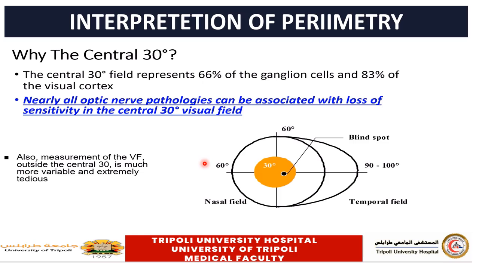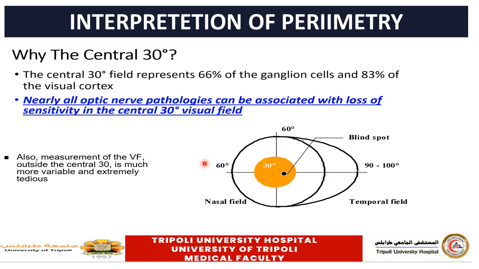Of course, if you want to measure the temporal area or any other area beyond the 30 degrees, you can do it. However, most of the recent machines mainly concentrate on the central 30 degrees, because practically most of the pathology involving the optic nerve is associated with visual field changes in the central 30 degrees.